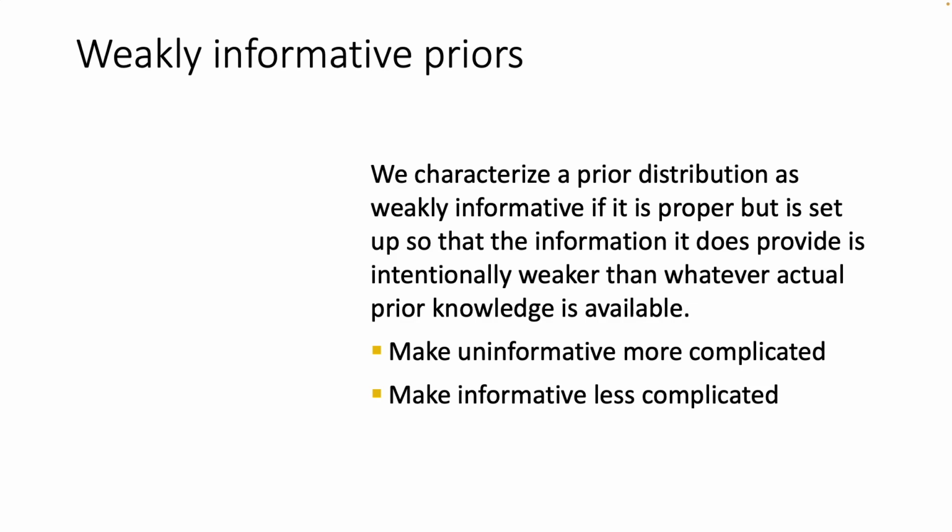Like, for example, we know that, well, we don't know what the value of the parameter will be, but the parameter corresponds to temperature. So temperatures above 1000 degrees and below 100 degrees are very improbable. So let's put a normal distribution with mean somewhere in the middle and a very wide standard deviation.